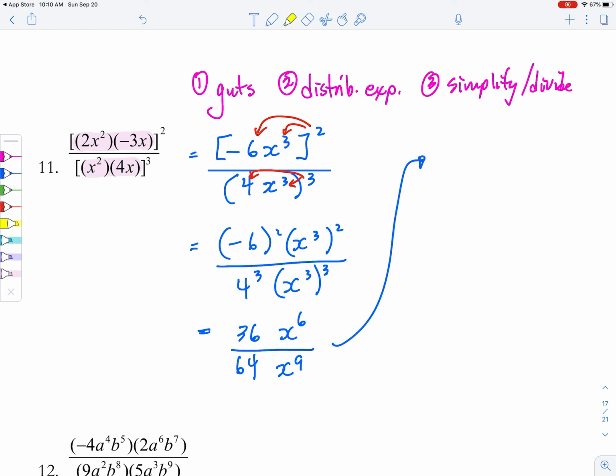So now I simplify my fraction. Those are both divisible by 4. When I divide them both by 4, 36 divided by 4 is 9, 64 divided by 4 is 16. And then x to the 6 is up top, x to the 9 is down low. So I'm going to be left with 3 x's in the denominator. And we're done.